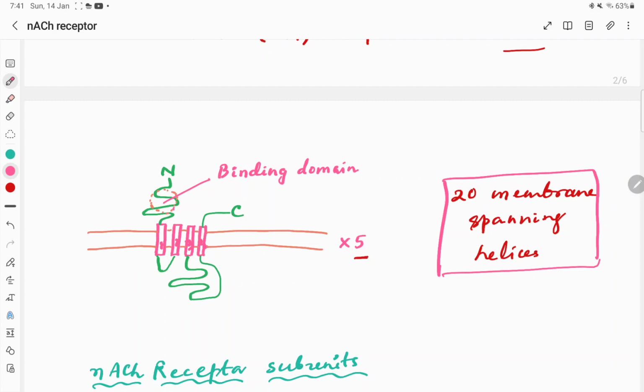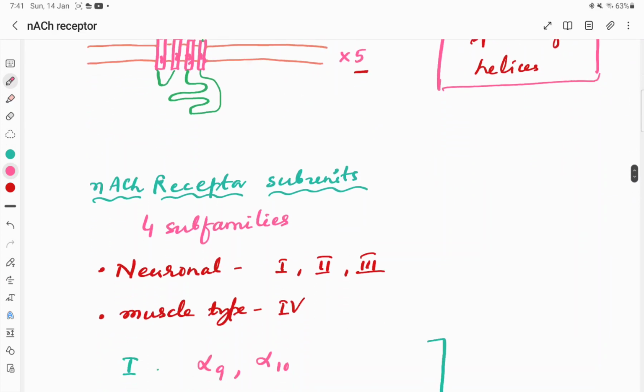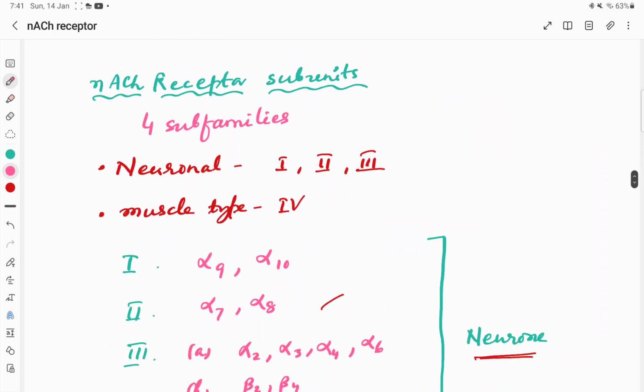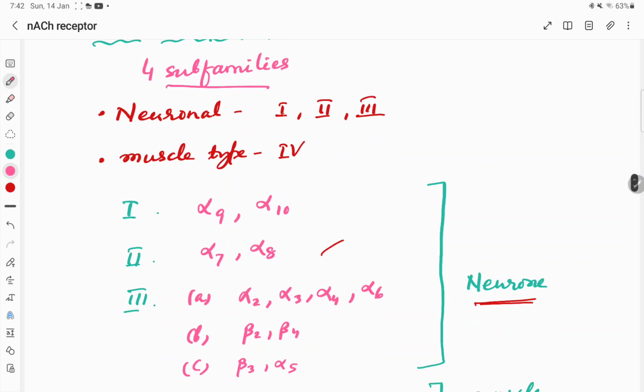And if we see the subunits, then we can have 4 subfamilies: subfamilies 1, 2, 3 and 4. 1, 2, 3 are neuronal, present in the neuromuscular junction, and 4 is the muscle type, present in the skeletal muscle.